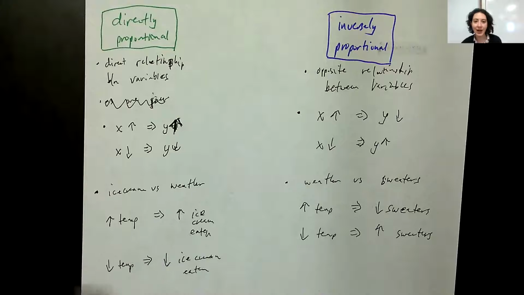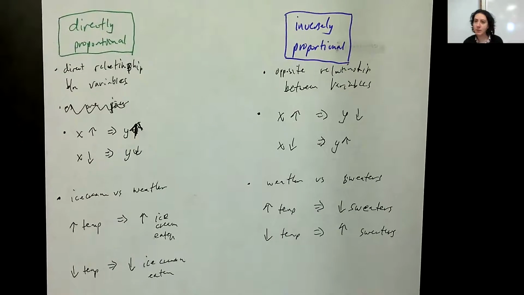So that's directly proportional. These two variables are directly proportional to each other. The amount of ice cream eaten and weather are directly connected. They change in the same way. Now, it might not be a one-to-one thing. You know, for every degree outside it increases, it doesn't mean people eat one more ice cream, but there's some sort of connection between the two.